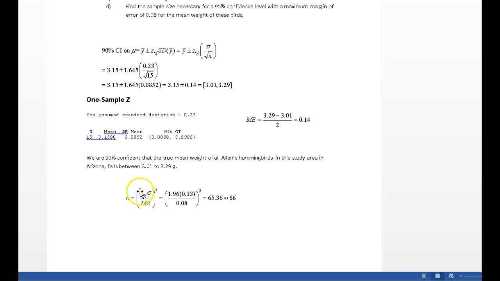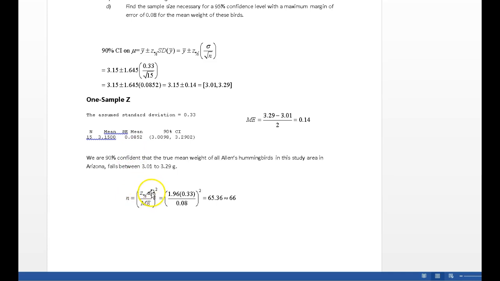So it says you have to find a z-score. The z-score you use is the z that corresponds to, in this case, 95% level of confidence, because that's what we were asked for in the problem. 95% level of confidence always corresponds to a z of alpha over 2 value of 1.96.